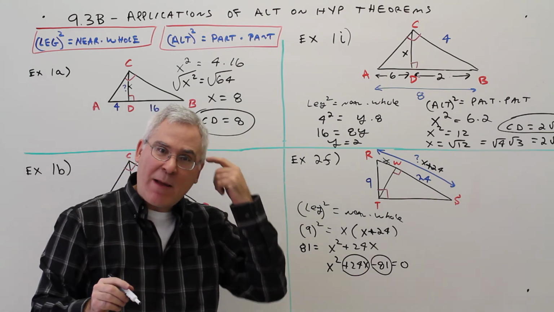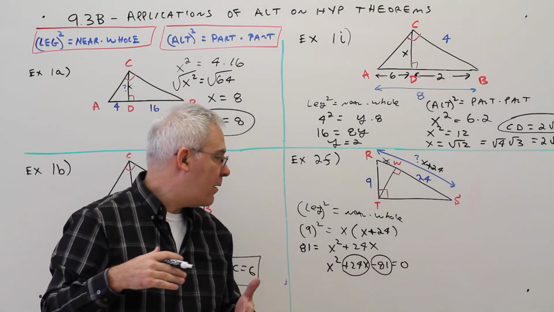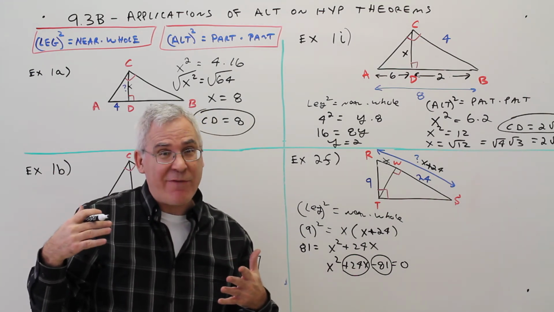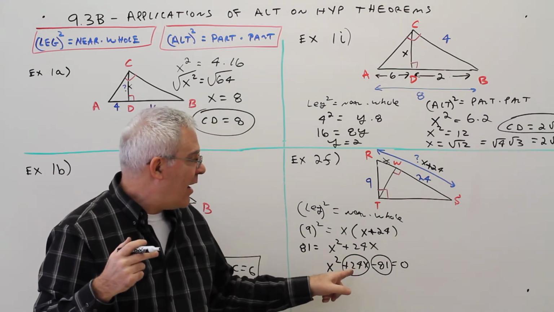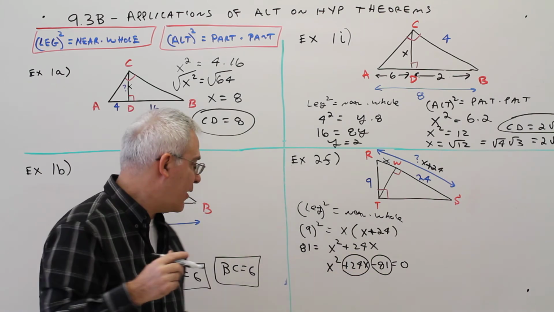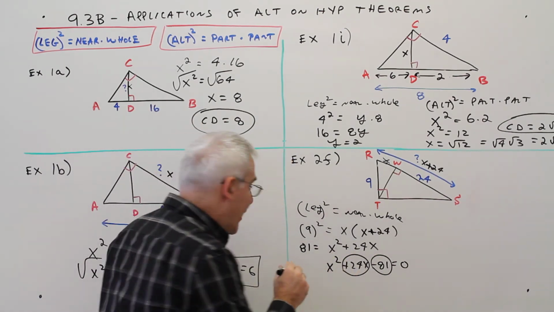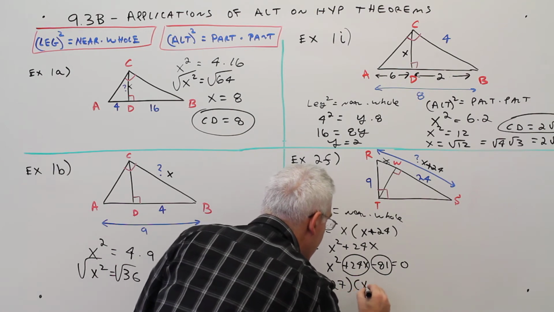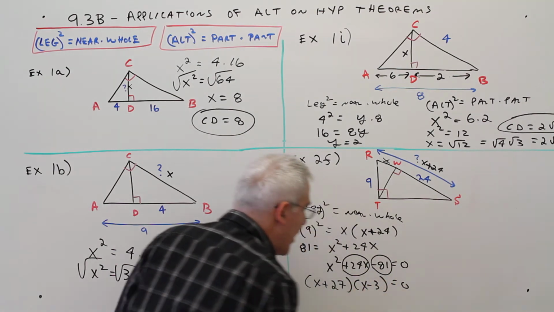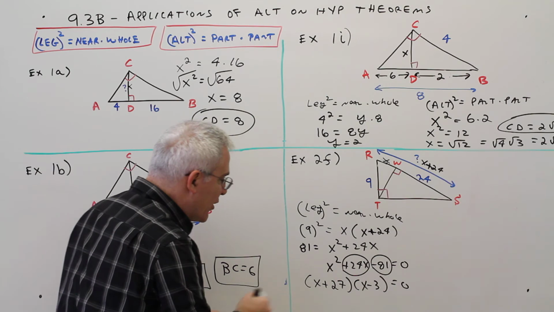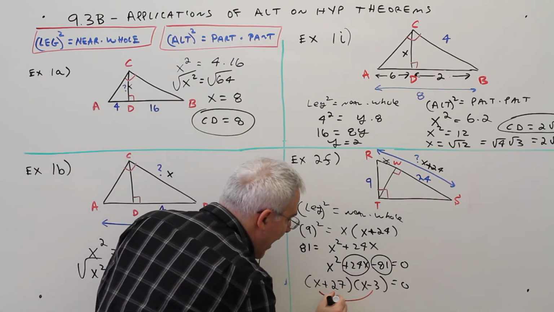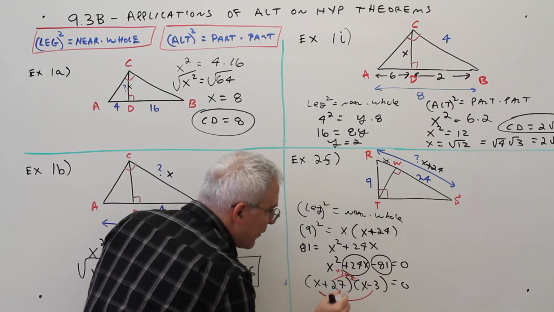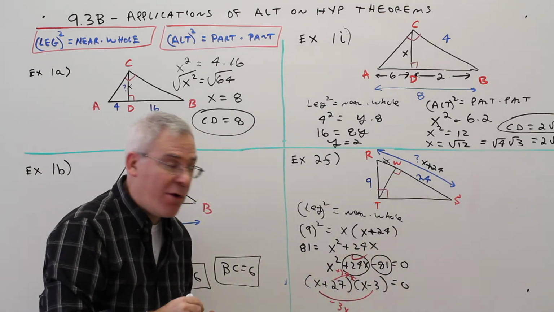So 81 I happen to know is 3 by 3 by 3 by 3, or 3 by 27 is something that I could figure out easily, and 3 and 27 will work out nicely. So it's going to have to be a mixture of signs. So x plus 27 times x minus 3 equals 0. We could do our OI check. That's a minus 3x. That's a plus 27x. And that does sum 24x.